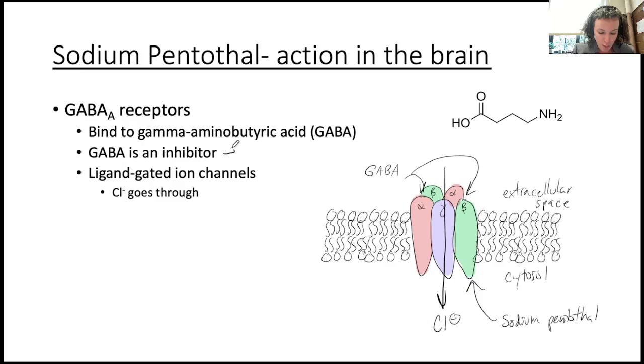And if we're remembering what that means, inhibitor means turns off. And these proteins act as channels, so they let things go through them. The fancy name is a ligand-gated ion channel, but we will talk about what that means in a second.